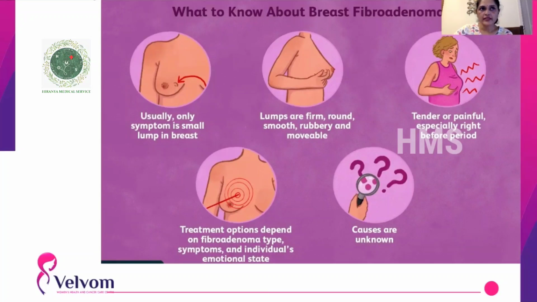The most important factor is fibroadenomas do not cause pain. So if you're having pain and you incidentally put your hands on your breast and feel a lump, there is a higher chance that it is hormonal changes that is causing the breast pain and not the fibroadenoma. And removing the fibroadenoma might not take away your pain. That is one thing you need to remember.